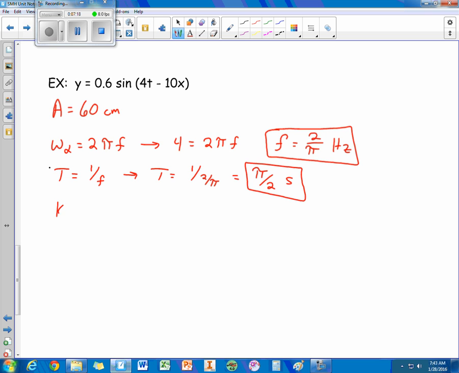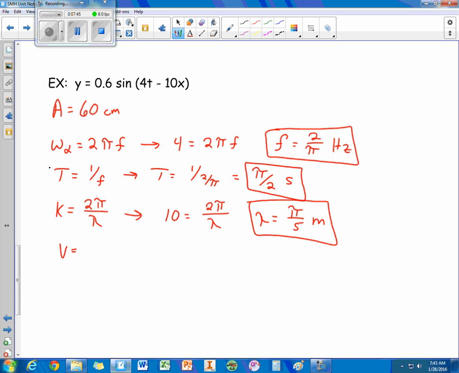The wave number, it is 2 pi divided by the wavelength. So what that means is I've got 10 equals 2 pi over the wavelength. So that means that the wavelength equals pi over 5 meters. The velocity of the wave equals wavelength divided by period.